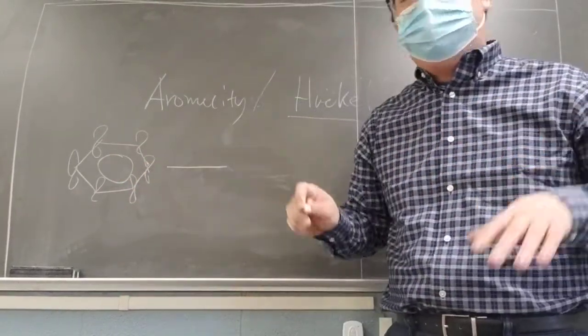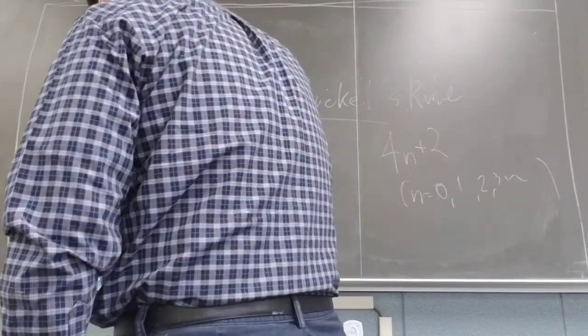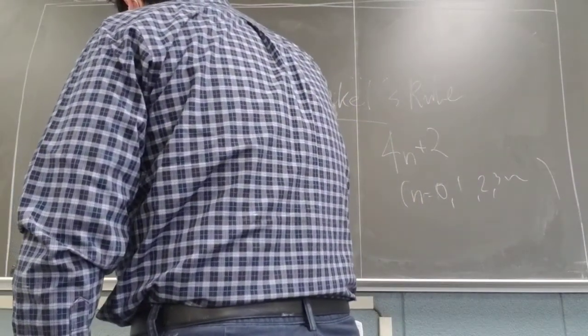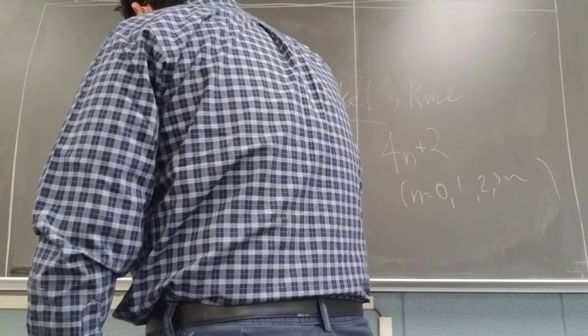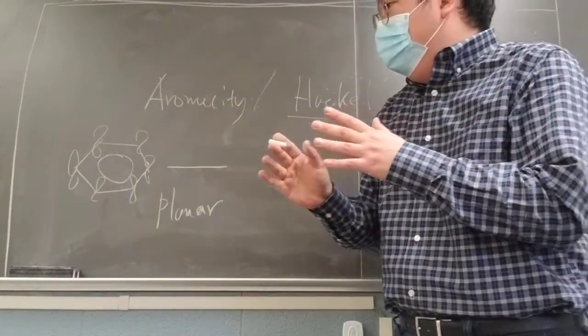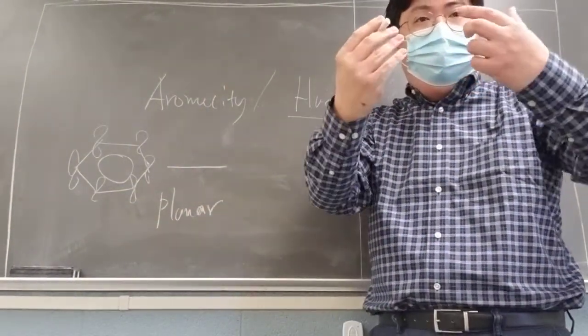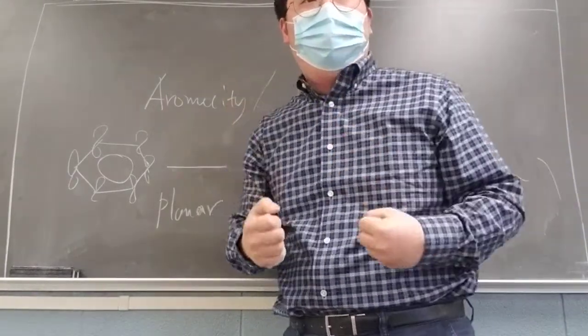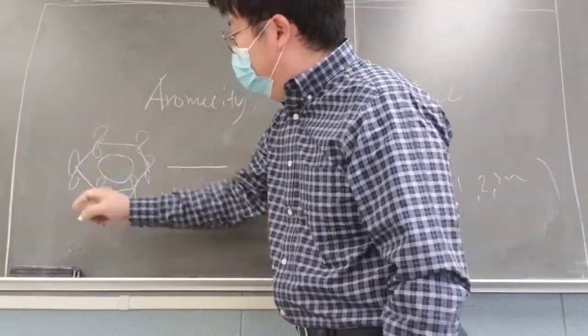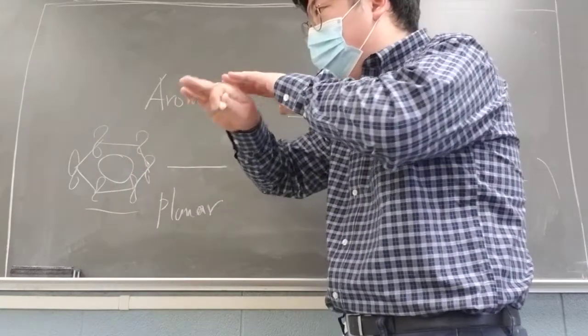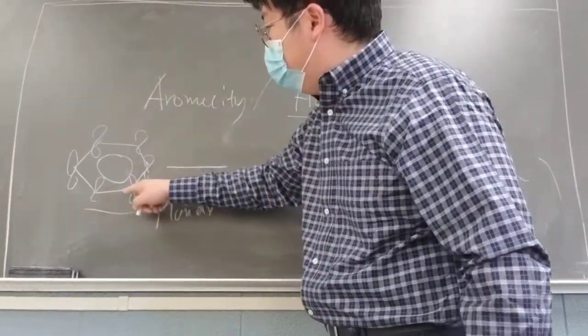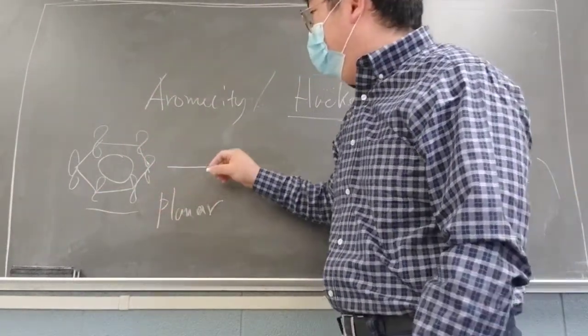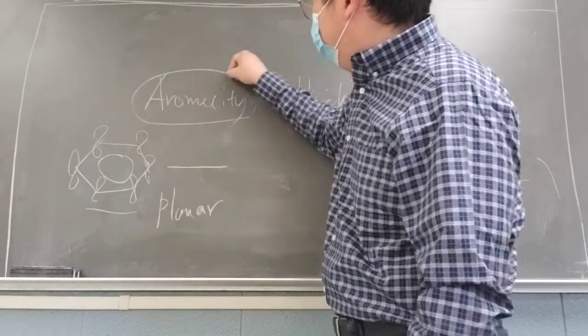It's planar. Because they're all so stable and very short in bond length, they hold together very well and are very stable. So they're in one plane. They're all carbons in the same plane.